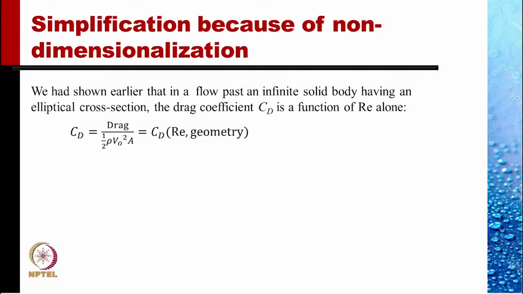We had earlier shown that for a flow past an infinite solid body having an elliptical cross section, the drag coefficient CD is a function of Reynolds number alone. We define drag coefficient as drag divided by 1/2 rho V naught square times the area.